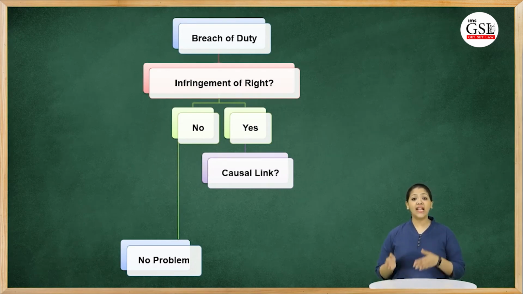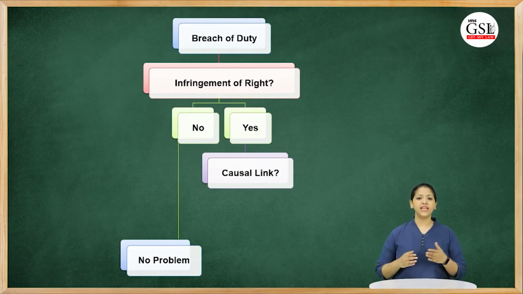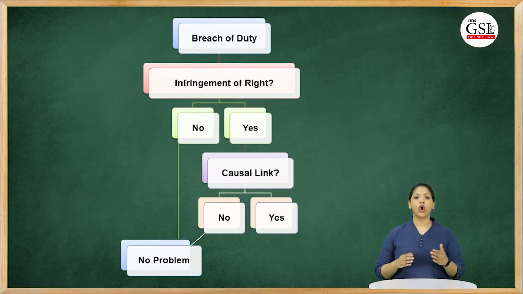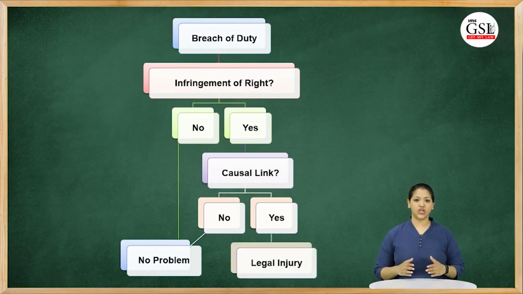The screaming child scared the horse. The scared horse injured the child. In this instance, I have breached my duty, but my breach has not caused the legal injury. I am not responsible. There is no causal link. However, if the horse is scared because of the noise of the cracker that I burst, then yes, I am responsible for any injury caused to the child.